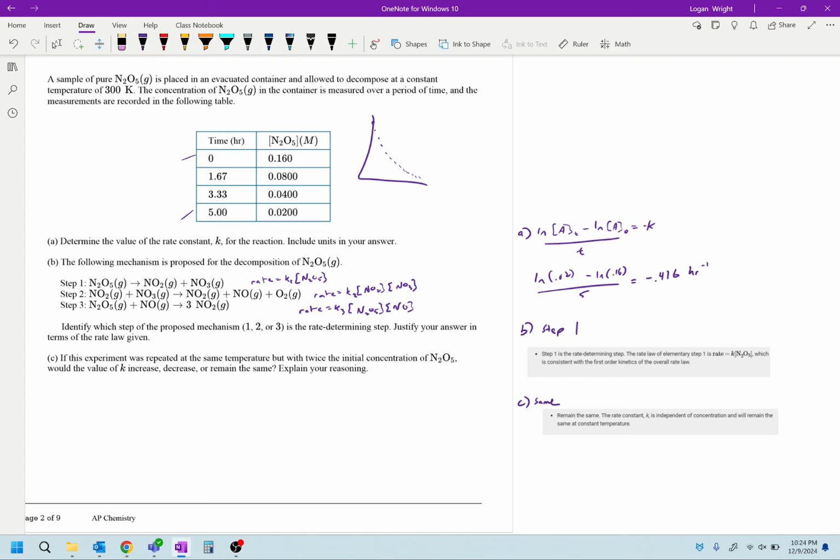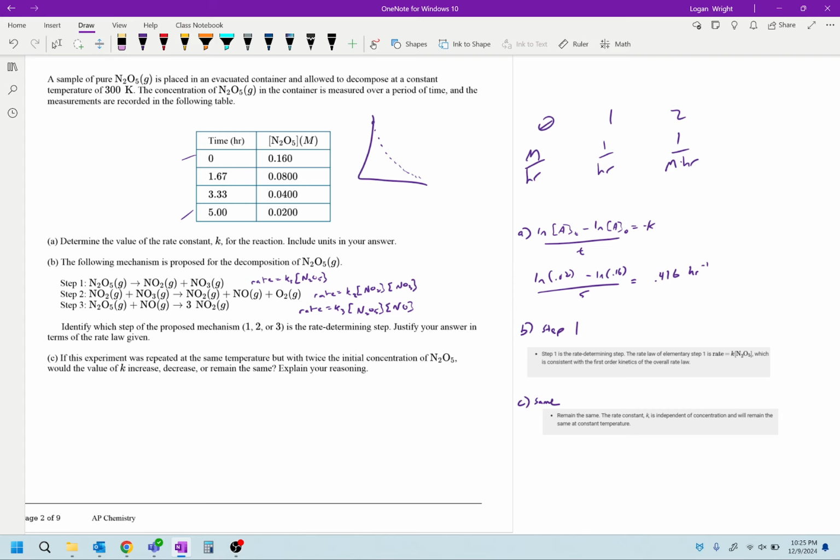The other way you could do it, like we've seen before, is to know that a zero order reaction is molar per second or molar per time. A first order reaction is 1 over time, and a second order reaction is 1 over molar times time. But in any case, negative 0.416, 1 over hours is going to be, well, actually, it's not negative, but there, your 0.416.